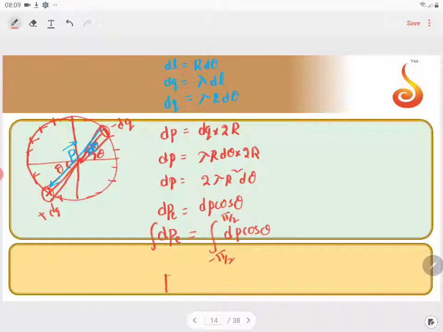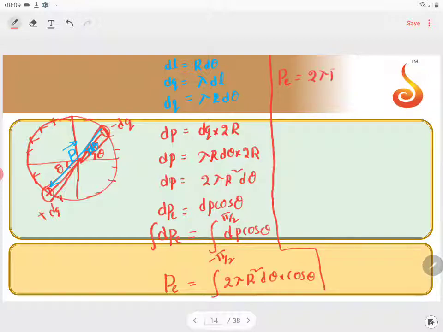So the total dipole moment of this system will be the integral of dp, where dp is 2 lambda r square d theta into cos theta. 2 lambda r square is constant here. So the total dipole moment will be 2 lambda r square integral of cos theta d theta, with limits minus pi by 2 to plus pi by 2.